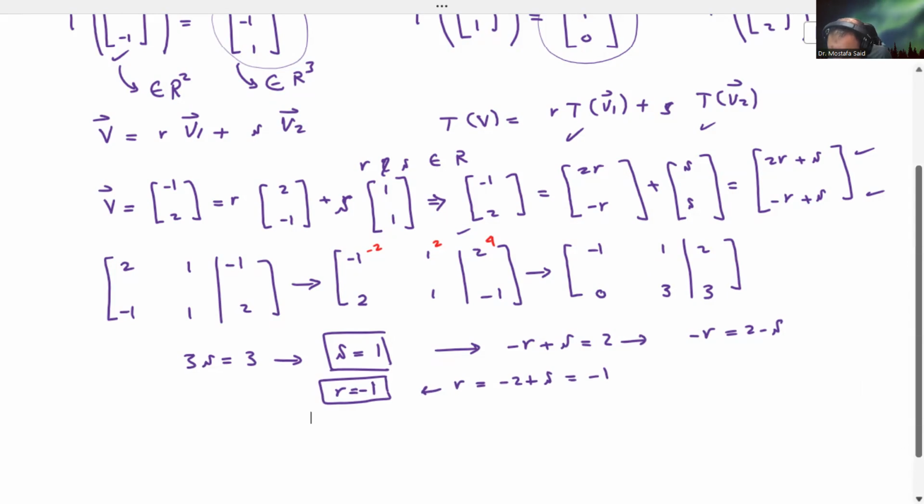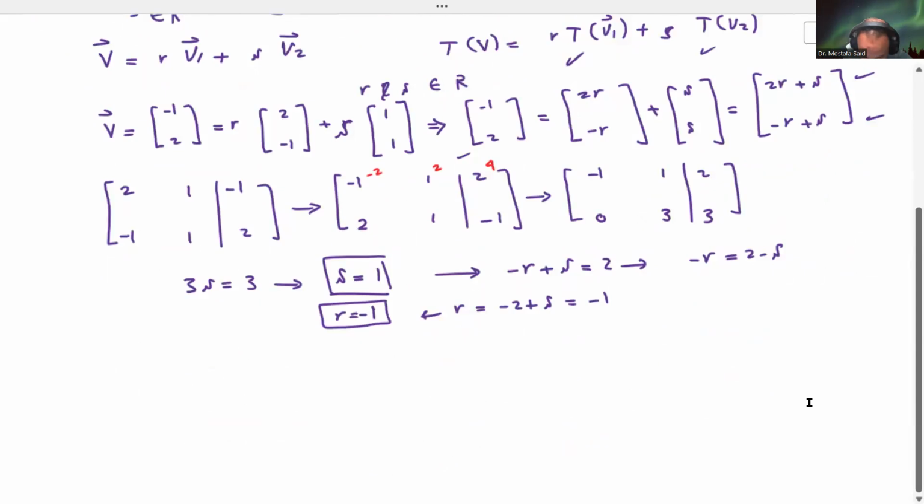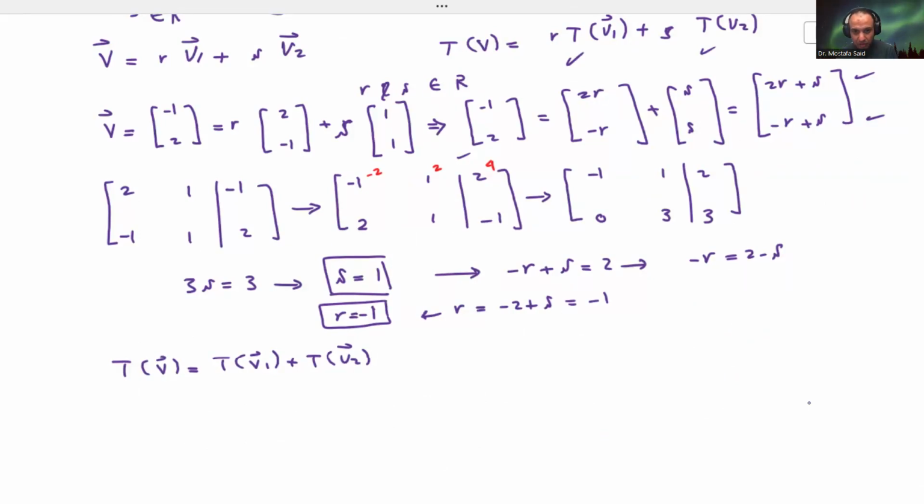So what we should do now is basically find the transformation. We know that T of V equal to T of V1 plus T of V2. Just to make it clear for you, in the book, when he writes a vector, he makes it a small bold letter.